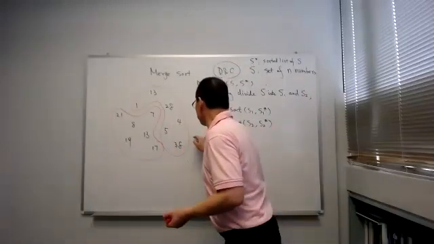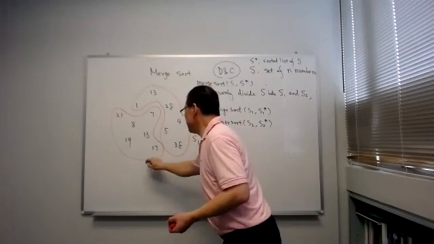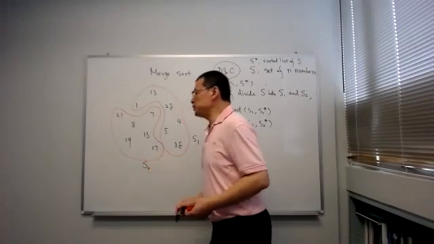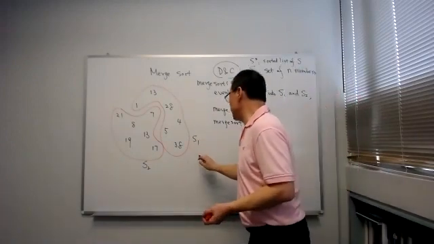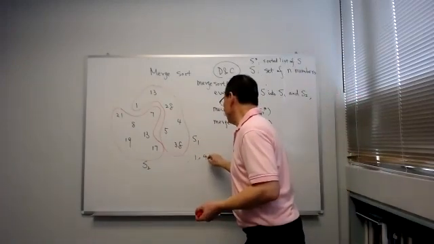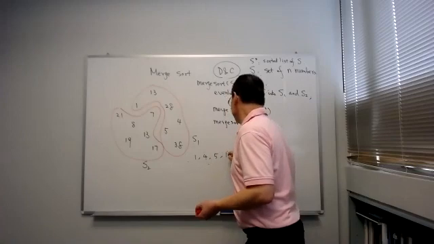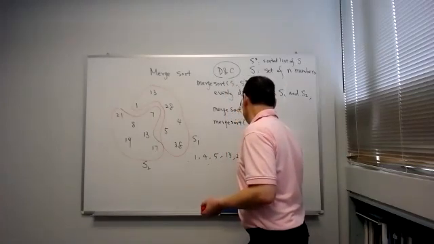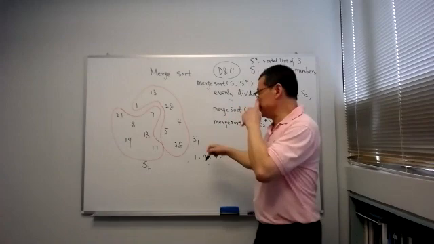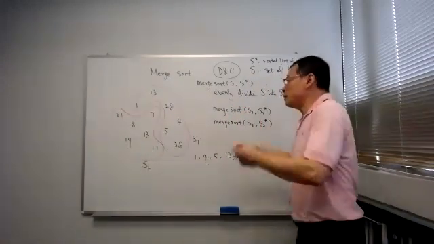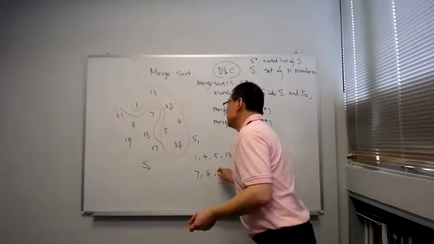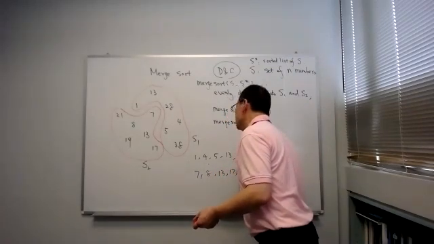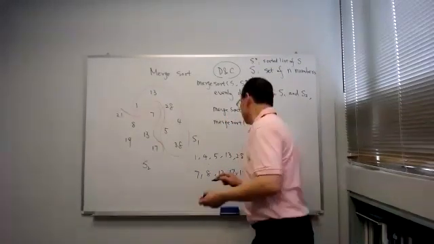So if this is S1, this is S2. Eventually, when we keep on doing this, it will give a sorted list. So for S1 it will give 1, 4, 5, 13, 28, 38. Similarly, for S2, it will produce a sorted list, which is 7, 8, 13, 17, 19, 21.